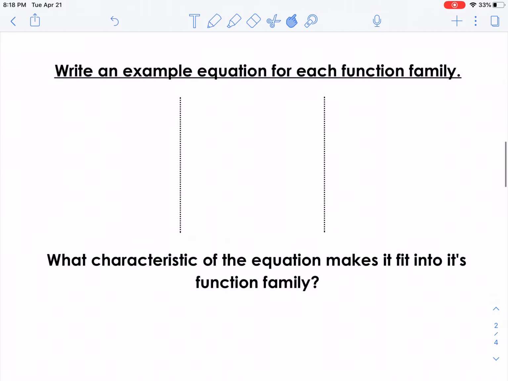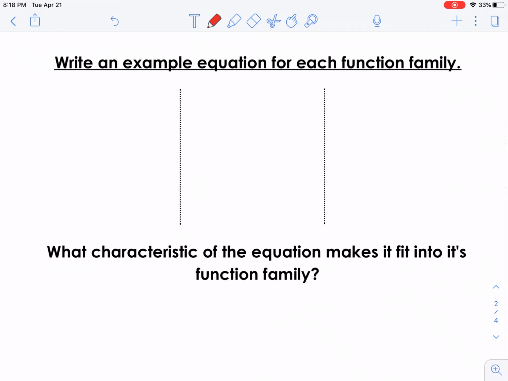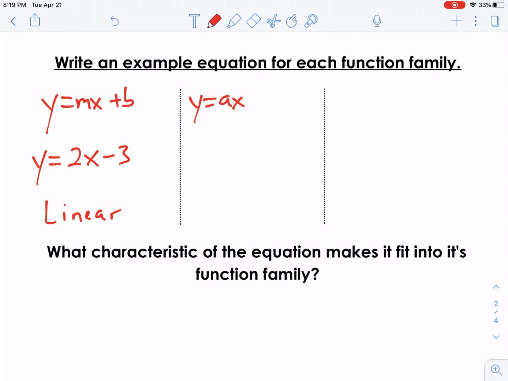So we basically just gave the standard formats of each. y equals mx plus b, so an example of that would be y equals 2x minus 3. That's linear. A quadratic, you just plug in values for your a, b, and c.